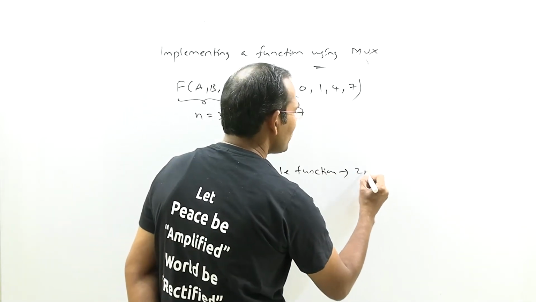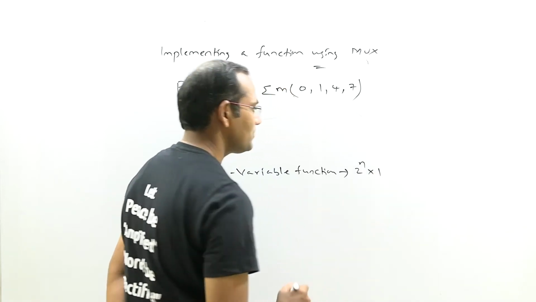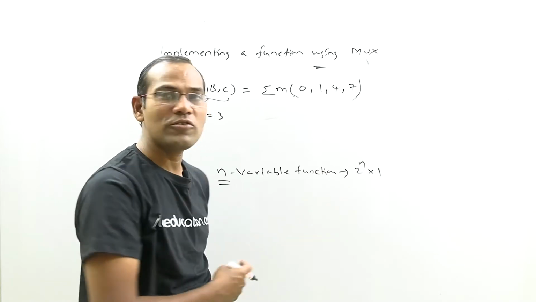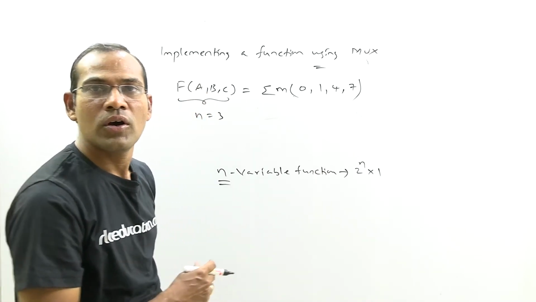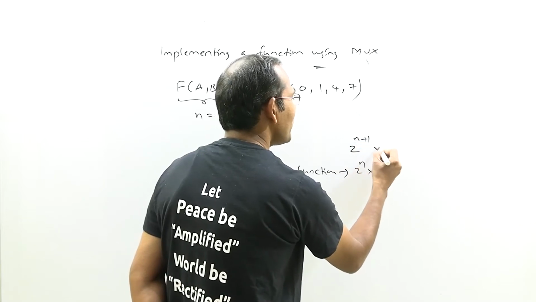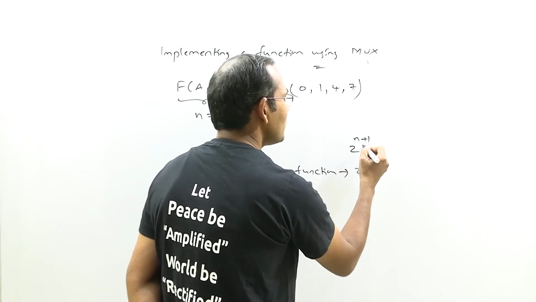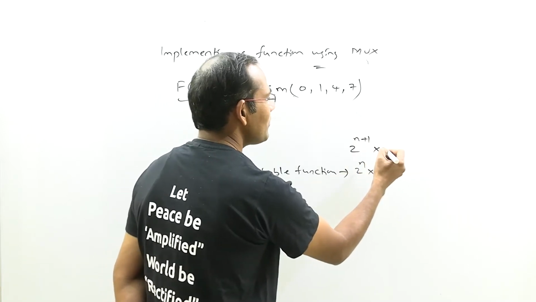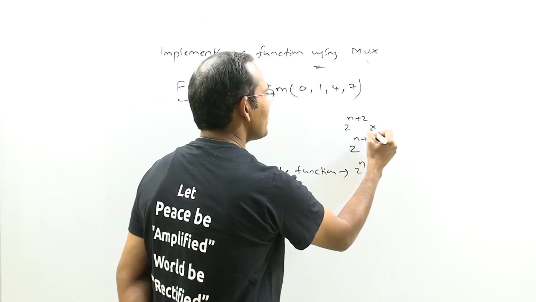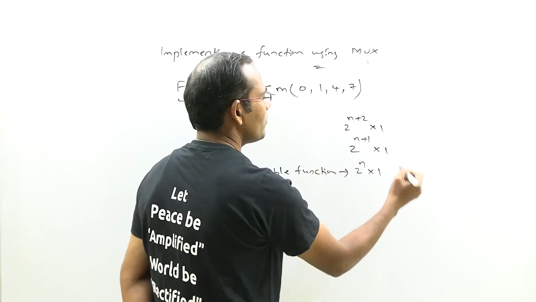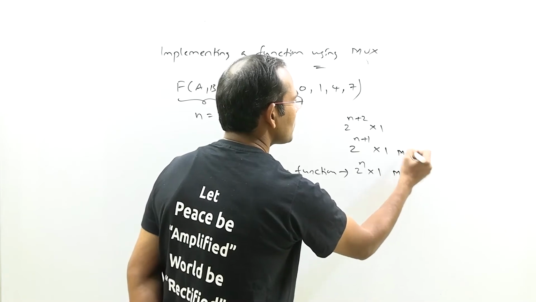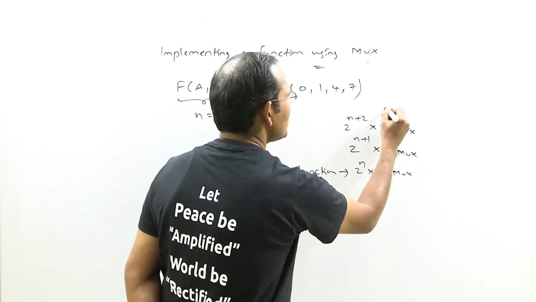Whenever you go for a 2 power n by 1 mux for an n variable function, or 2 power n plus 1 by 1 mux, or 2 power n plus 2 by 1 mux, and so on, whenever you want to use these types of multiplexers, there is no limit for it.